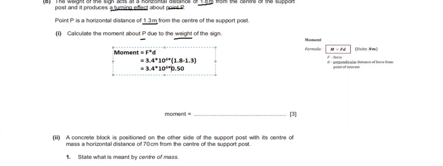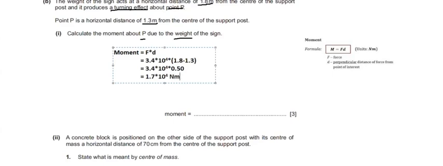The calculation of 3.4 into 10 raised to 4 into 0.5 gives us the value of 1.7 into 10 raised to 4. This is our final value, and the unit of this moment is nothing but Newton into meter.